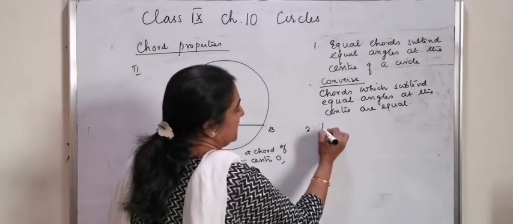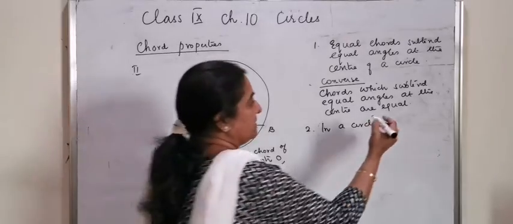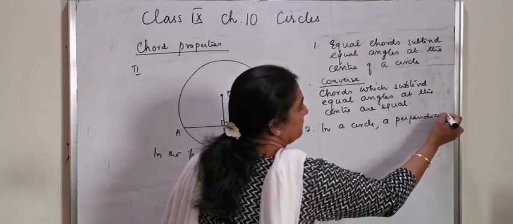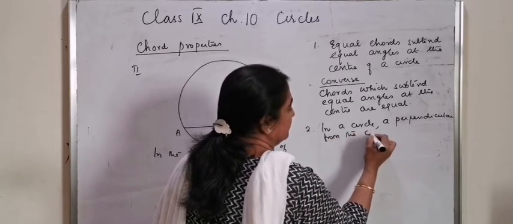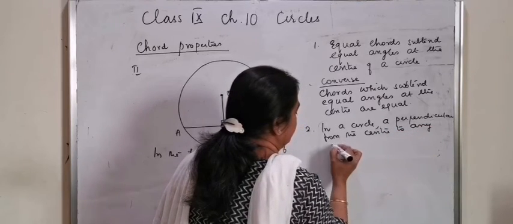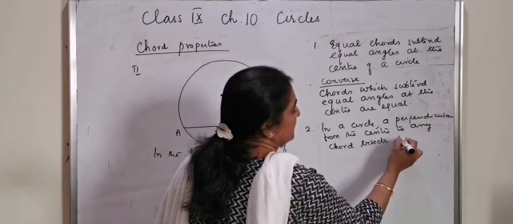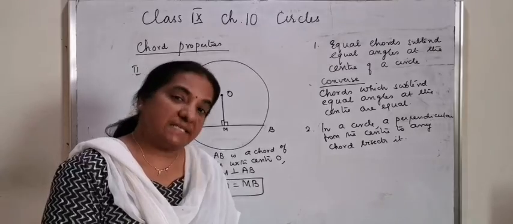So the second property is: in a circle, a perpendicular from the center to any chord bisects it. What will be the converse statement?